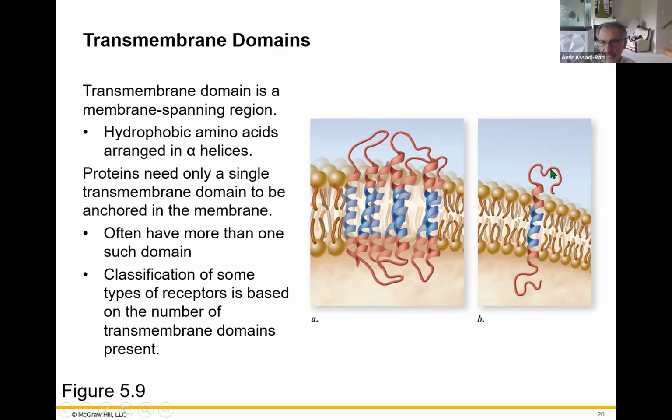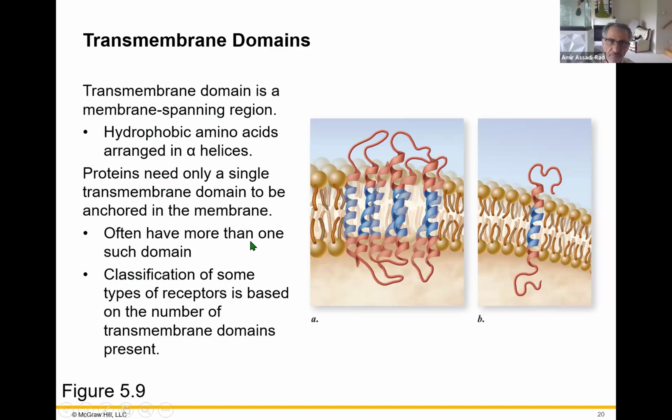That's how it is, hydrophilic, hydrophobic. So a transmembrane domain is a membrane-spanning region, hydrophobic amino acids arranged in an alpha helix. Hydrophobic, it's an alpha helix right here. Proteins need only a single transmembrane domain to be anchored to the membrane.